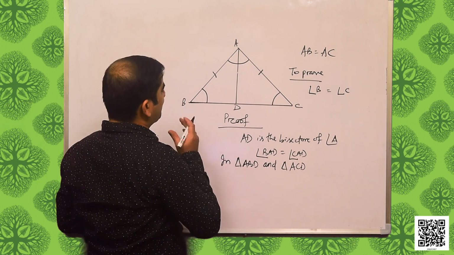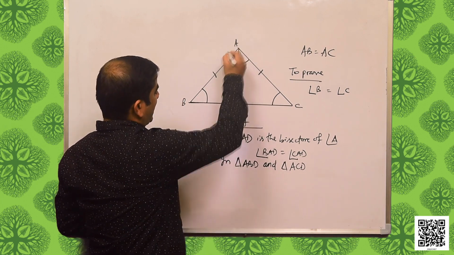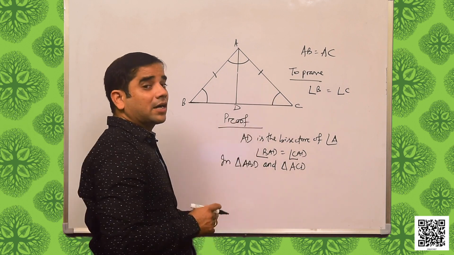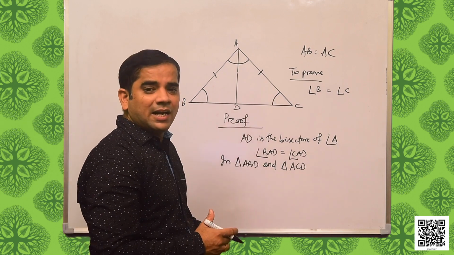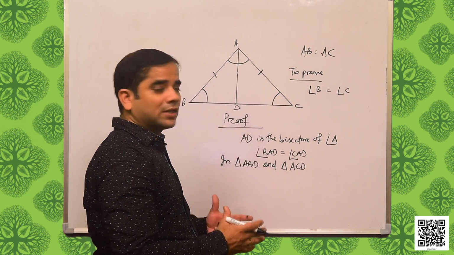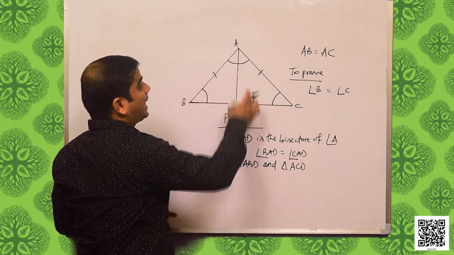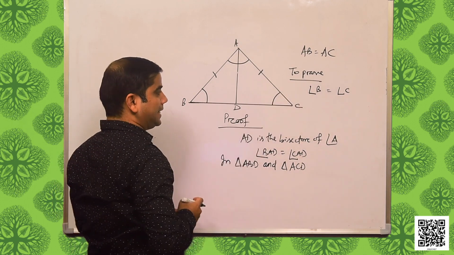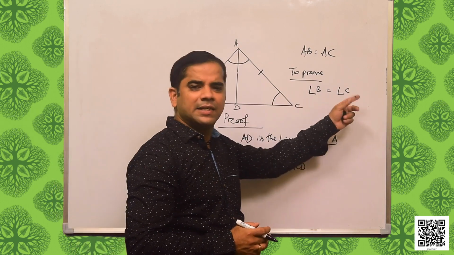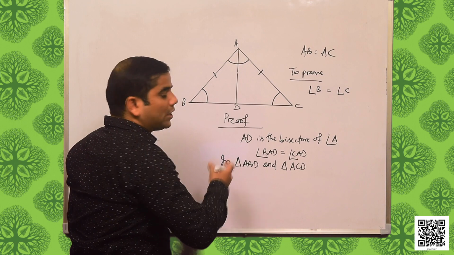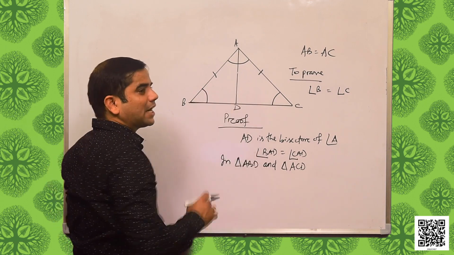So, if we can prove that triangle ABD and triangle ACD are congruent to each other, then automatically the value of angle ABD will be equal to angle ACD, that means angle B is equal to angle C. So, now we are going to prove that these two triangles are congruent.